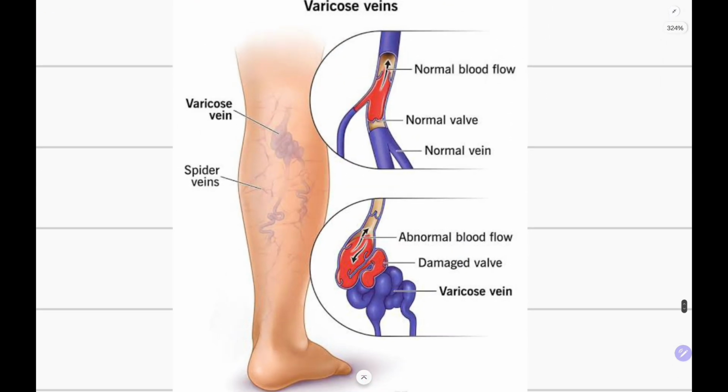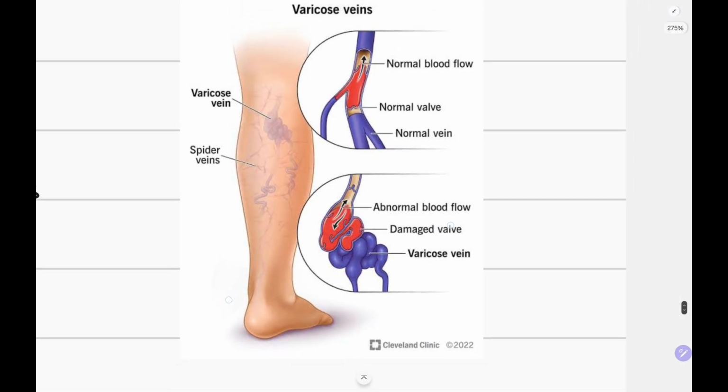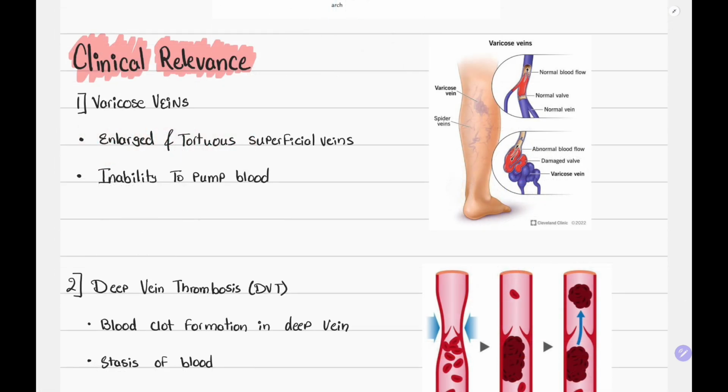This is a normal vein with normal valves, but when the vein becomes defective, the blood pools in the veins and this leads to engorgement of the veins, and that phenomenon is called a varicose vein.